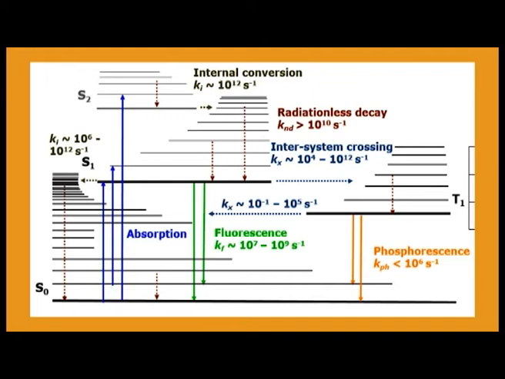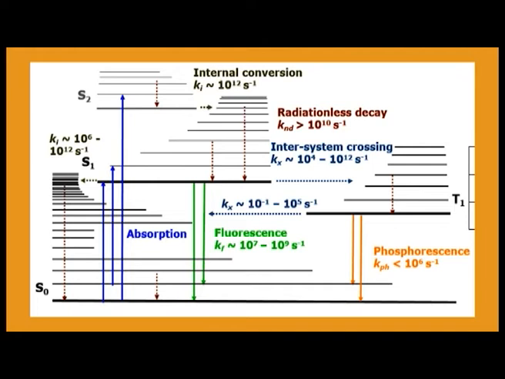Here you can see when light is incident on the material, which is in its ground state of E0 energy, it gets excited to a higher energy state. In the figure it is S2, and the time taken for this absorption process is 10 to the power minus 15 second. This time is very short, and in this femtosecond time generally the nucleus does not move from its place.